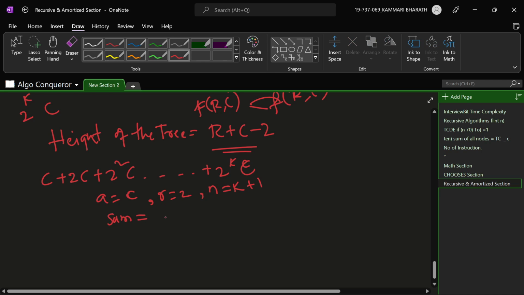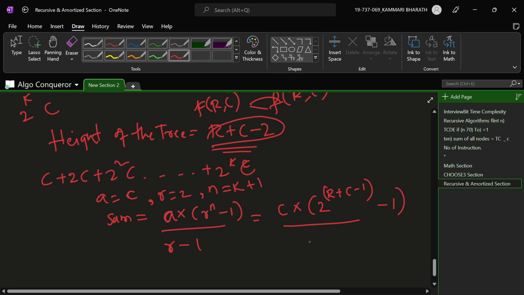Sum is equal to a into r power n minus 1 by r minus 1, which is c into 2 power n, where n is k plus 1 and k is r plus c minus 2, which becomes r plus c minus 1, by r minus 1, where 2 minus 1 is 1.